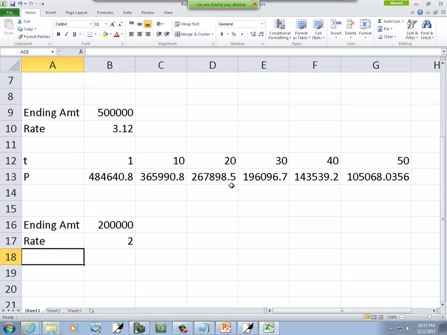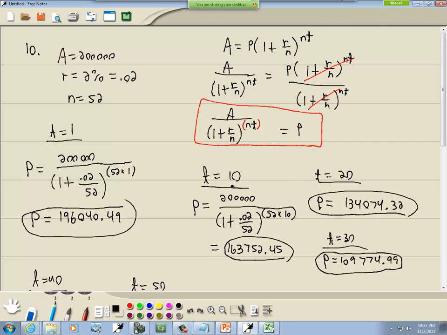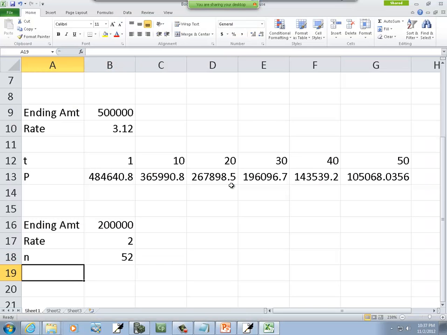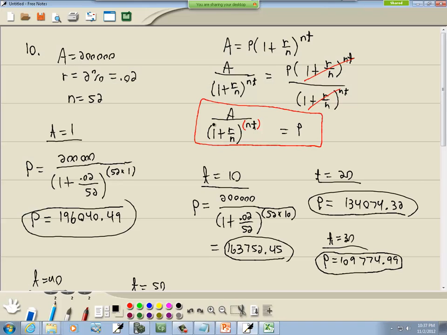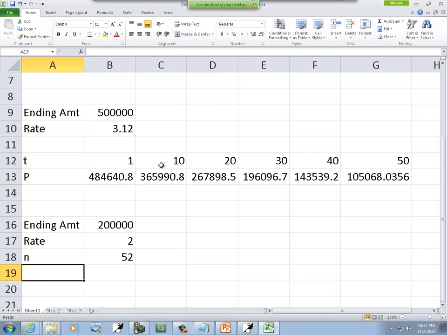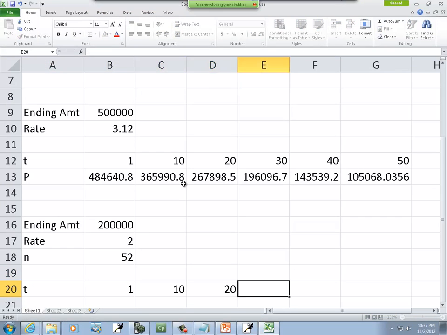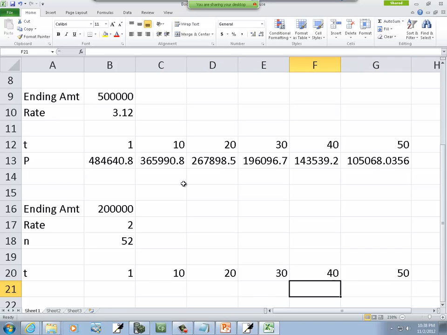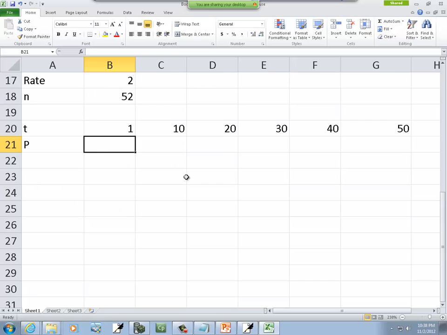We need N, and I'll just put that instead of number of times compounded per year, just to make it shorter, which is 52. I guess those are the three things we're given, aren't they? Okay, now I think we're wanting T here. 1, 10, 20, 30, I think it's the same as the previous problem, 40 and 50. And then wanting P here. Okay, so let me come down here.